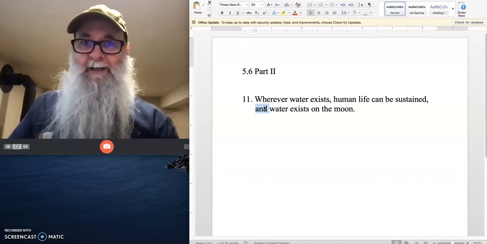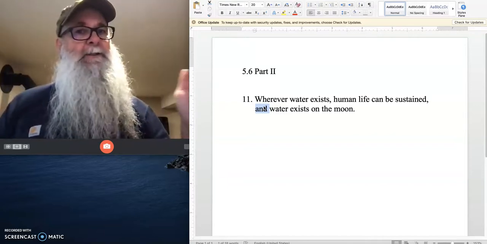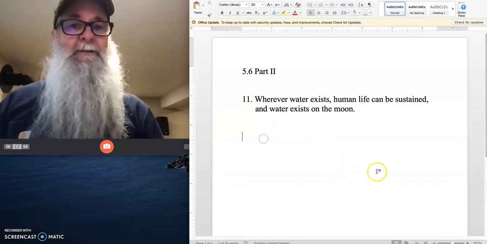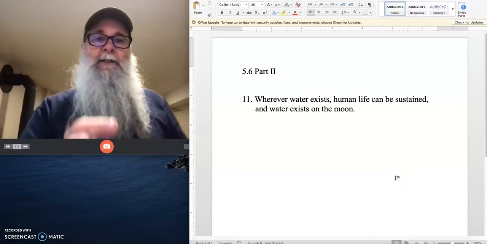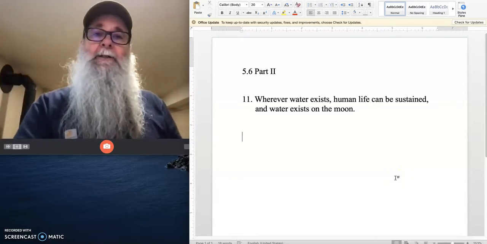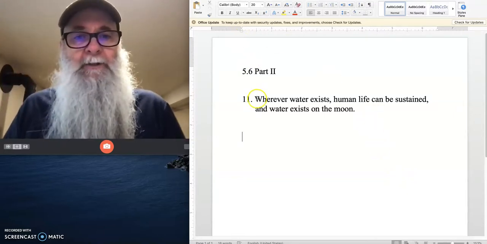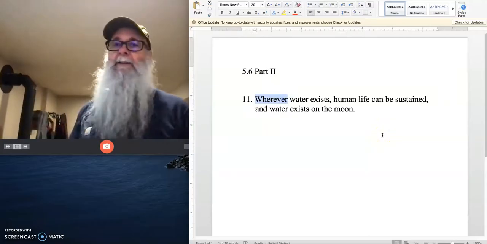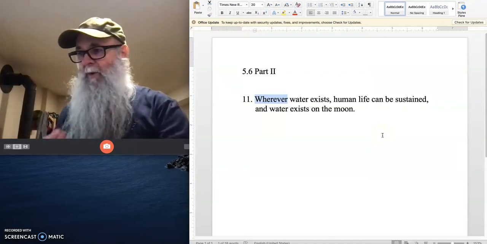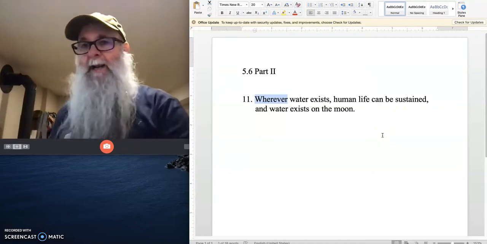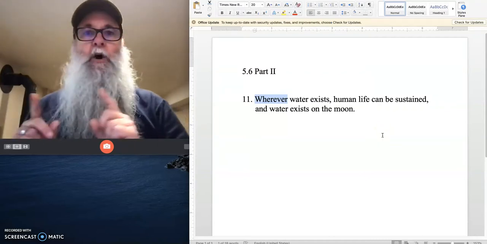But it's not time to panic, because we're just going to go step by step and see if we can figure out what that missing conclusion is. The easiest way to go about doing that is to take each one of these sentences and translate them into standard form. Now, when I look at this first sentence, I see wherever, and that's an immediate sort of bell ringing in my head. Anytime I see wherever, anytime I see whenever, those are telling me something about all.